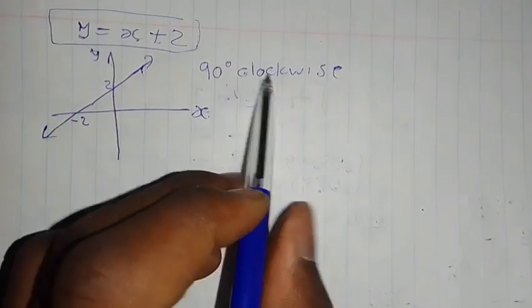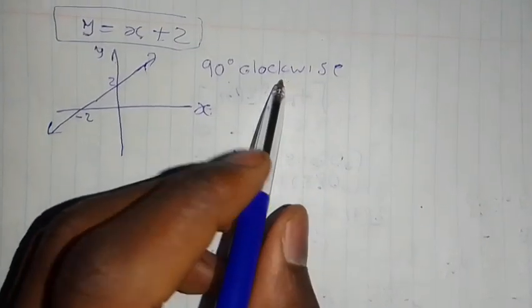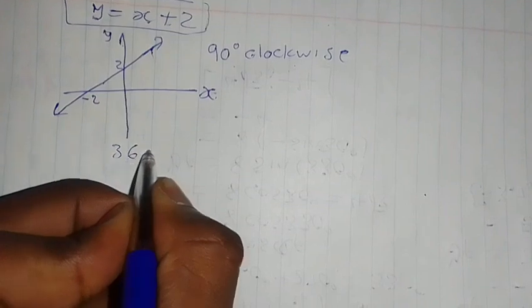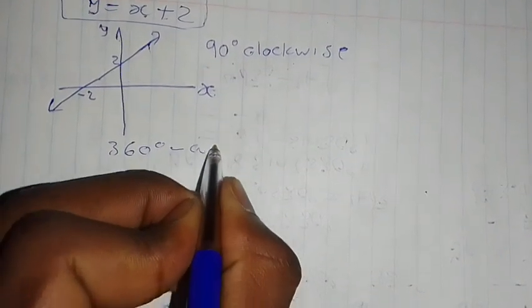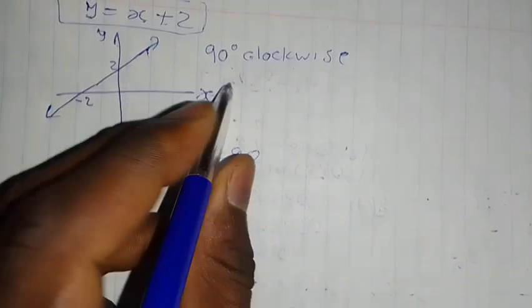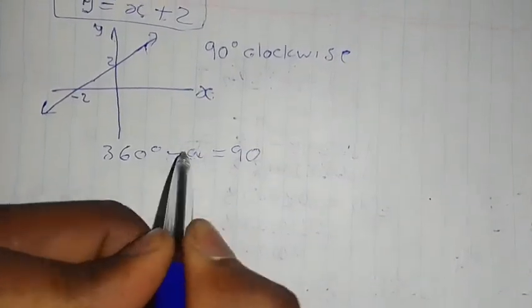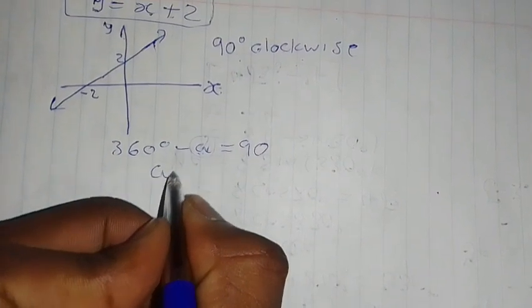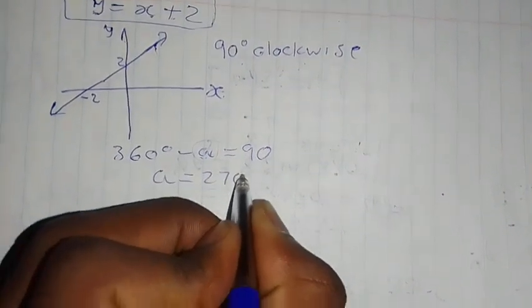So if you rotate this function 90 degrees clockwise, here's what you're going to do. You're going to say 360 degrees minus a, because our angles, we need them to be measured anti-clockwise. So you're converting this to anti-clockwise. Now that means that a will be equal to 270 degrees.